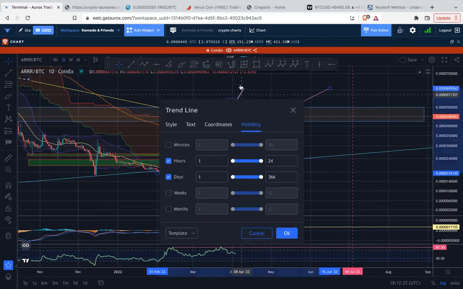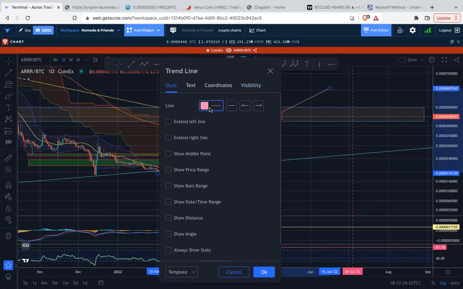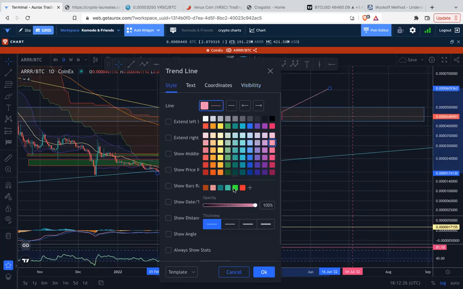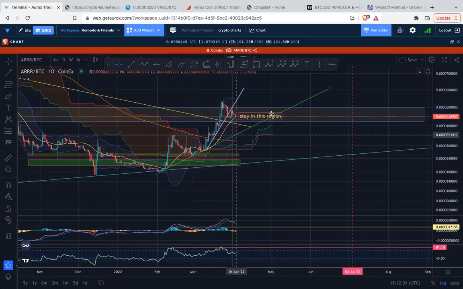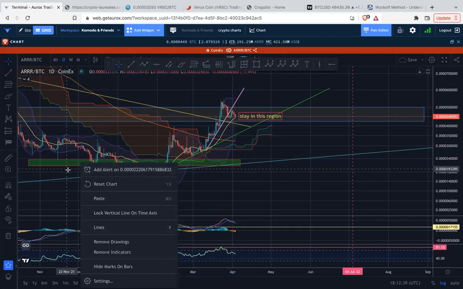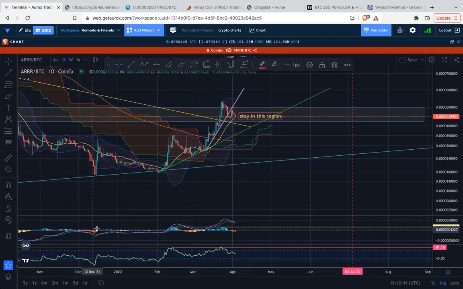Let's make it a bit more visible. So this green trend here, okay. The green trend is basically the big trend now, the main trend we want to hold.